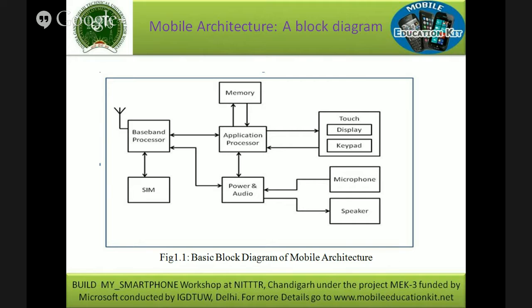Power optimization in mobile devices. Then, these devices were initially meant for communication, so you need to have a communication module. Here we have a baseband processor, which primarily handles GSM communication, and you have the SIM associated with it.